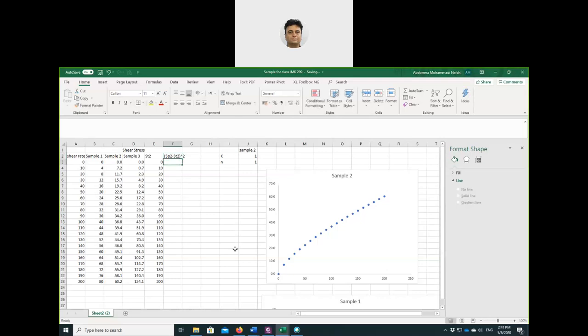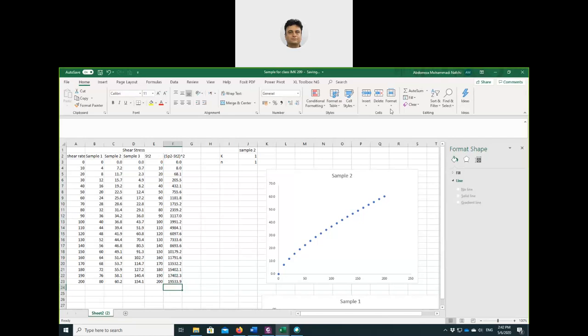So it's equal, don't forget to put equal, bracket open, the practical data minus theoretical data, then close and power 2. Okay, now this one copy and paste to all, and then going to sum up.